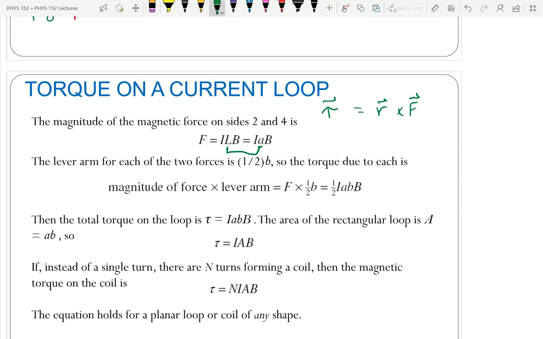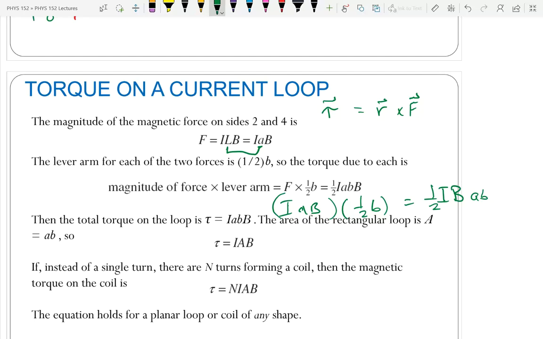So each of those create a torque of IAB, that's the force, times 1/2 lowercase b. I guess I put it in that order. 1/2 the current times magnetic field times A times b.